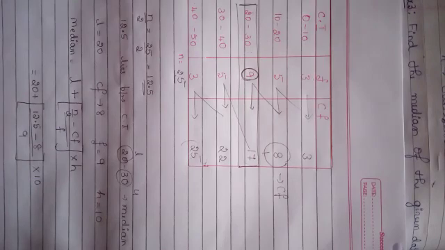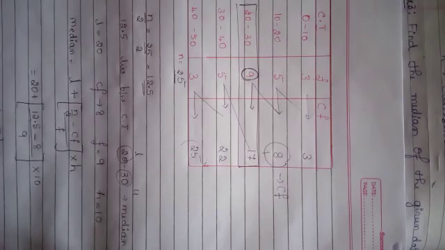Keep this 20 as it is. 12.5 minus 8 is 4.5, divided by 9, into 10. 20 plus 4.5 into 10, that is 45 divided by 9. 9 fives are 45, so 20 plus 5 is equal to 25. Therefore the median is equal to 25.